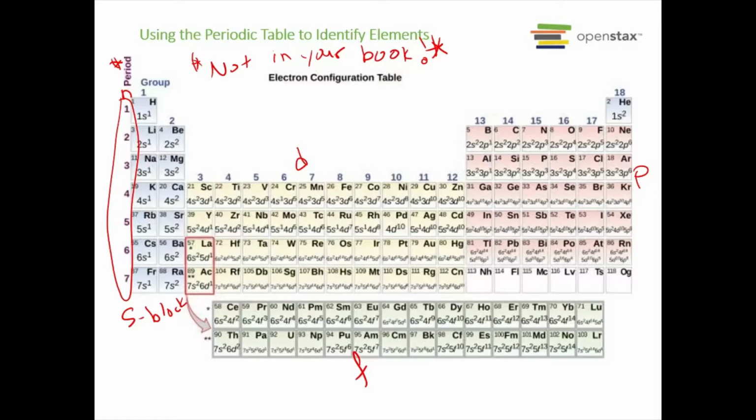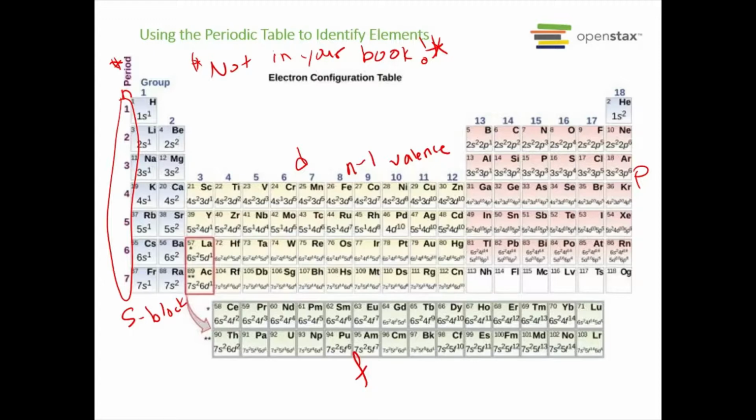For the d block, the energy level you're given minus 1 is your valence shell. Even though you first fill up the s, like you go to 4s before you go to 3d, your last shell that you fill is the d block.